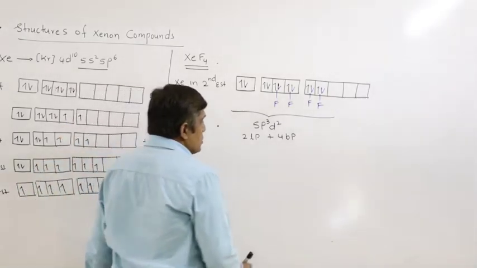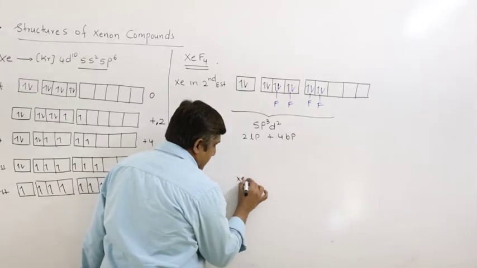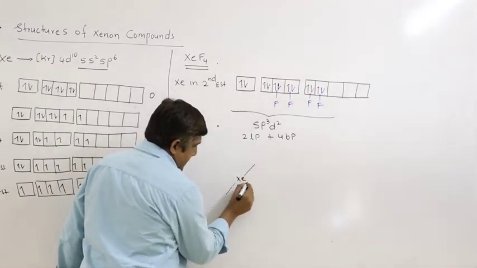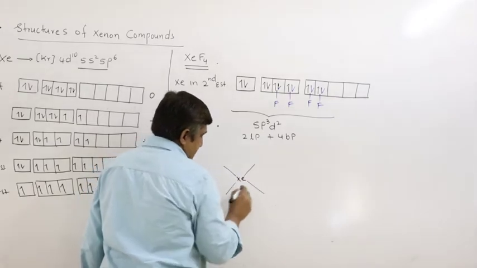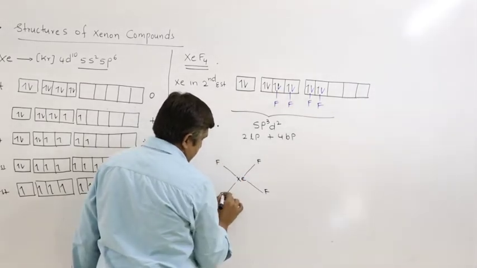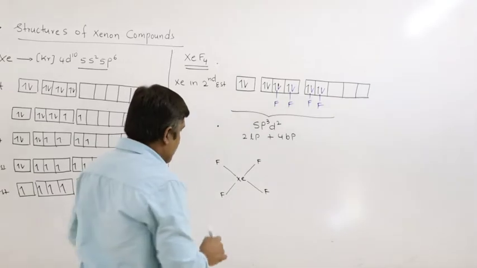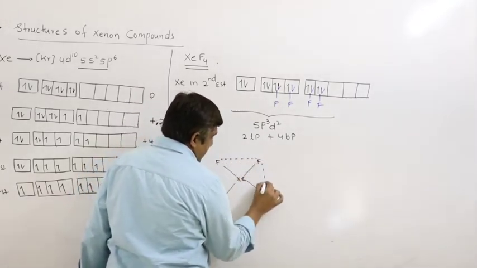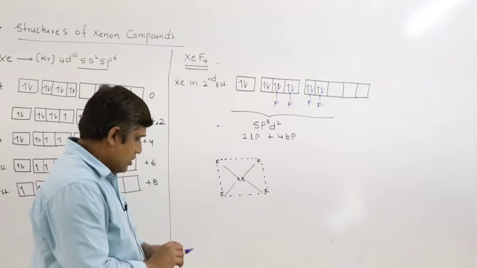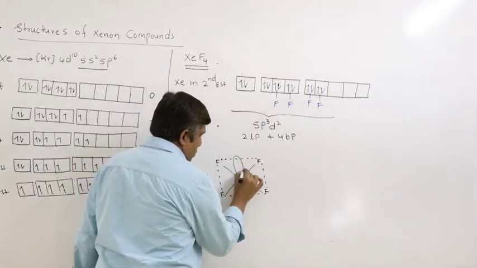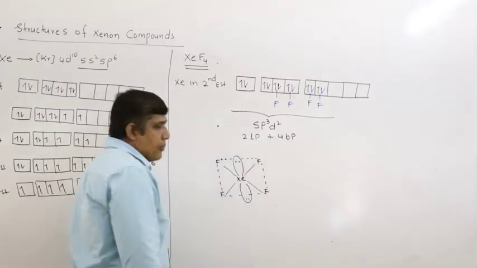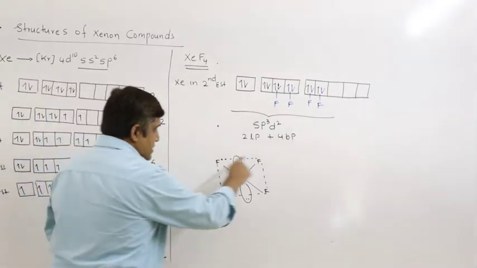So this is the geometry: xenon at the center, four fluorines at the corners of a square planar arrangement, and we have 2 lone pairs occupying opposite corners. So the shape is square planar.